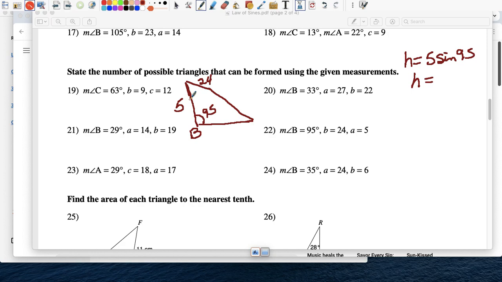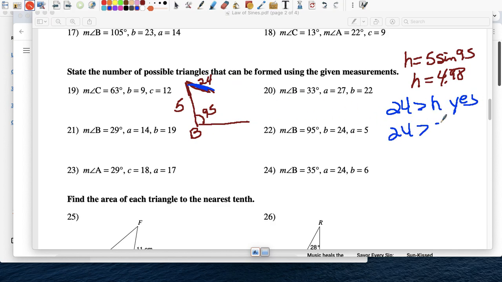The height is, no, that's correct. So far so good. So the height is 4.98. Let me erase this because this was the dangling part. So let's compare 24 to the height and 24 to the 5. Is 24 greater than the height? Yes. Is 24 greater than that adjacent side given to us initially? Yes. So when it's a yes and a yes, we get one triangle.